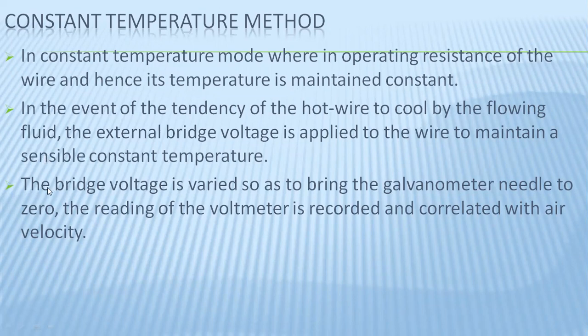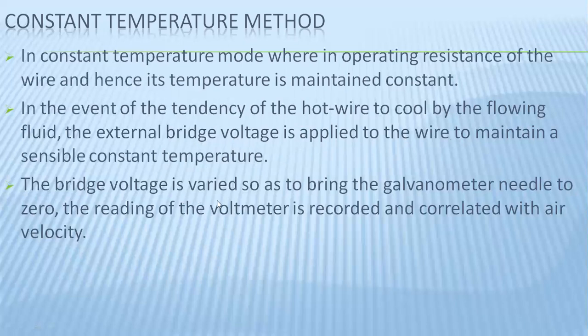The gas flow passes through the hot wire anemometer and gradually decreases the temperature of the hot wire, and the deflection is measured by the galvanometer. The external bridge voltage is applied to the wire by a voltage regulator to maintain a constant temperature on the Wheatstone bridge circuit of the anemometer.